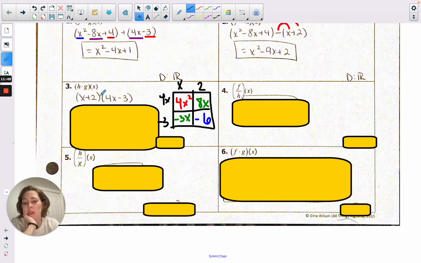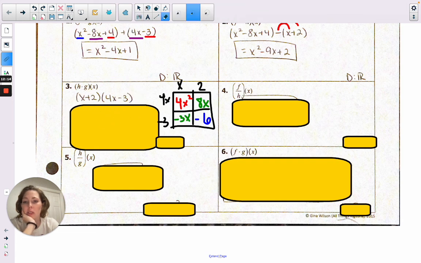The other way that we do this is foiling. So we do our first set of numbers, which would be my 4x squared. O means outer set, so I would do my outer set of numbers, which would be negative 3x. Then my inner set, which would be 8x. And then my last numbers, 2 times negative 3, which is my negative 6. So that is foiling, okay?